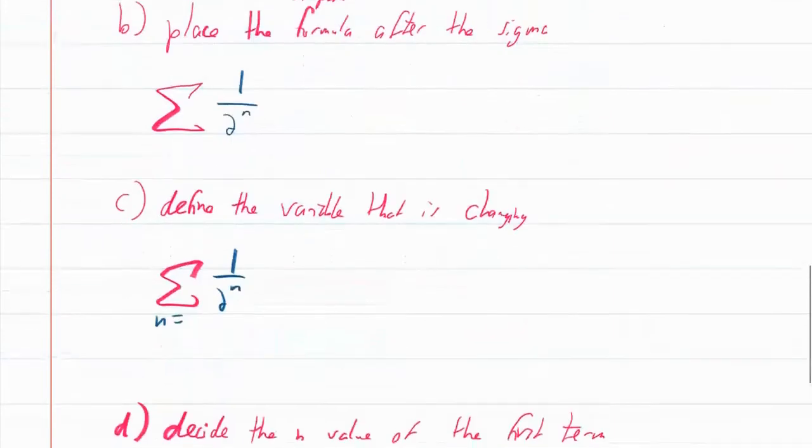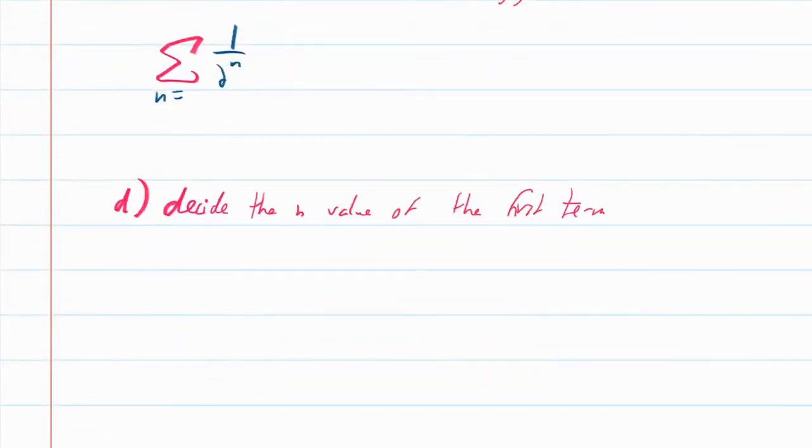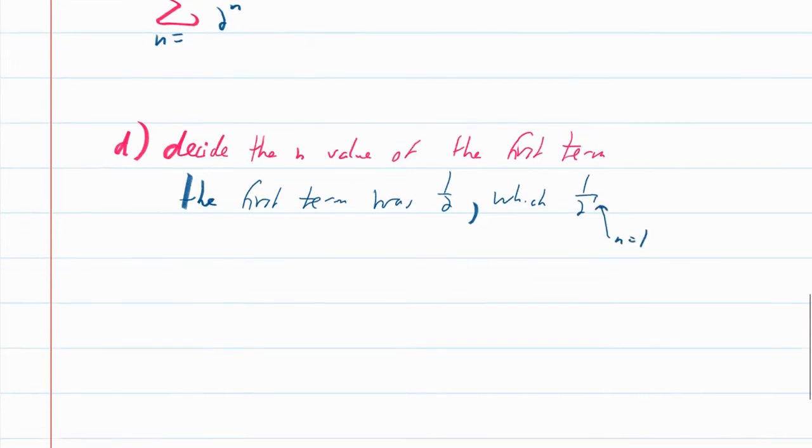So since the first term was 1/2, that's 1 over 2, or 1 over 2 to the first power. So that's an n value of 1. So I'm now going to write this sigma, the sum starting with an n equal to 1, and I'm going to say that very specifically, of all the 1 over 2 to the n's.